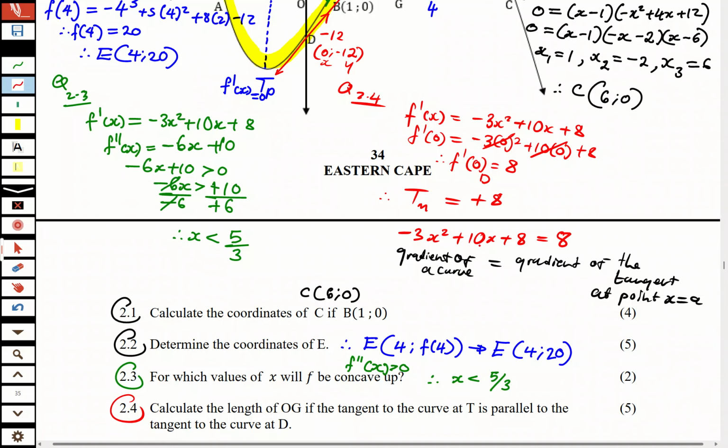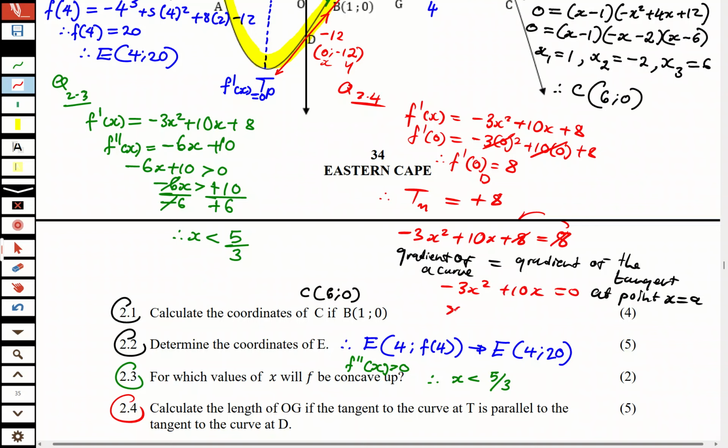So now we equate their gradient, because we know when the tangent happens, they have equal gradient. So we're going to find the value of x. So what is the value of x at that point. So equating those two, this and this will rationalize when you take this to your left. So you just have left with negative 3x squared plus 10x, which is equal to 0.